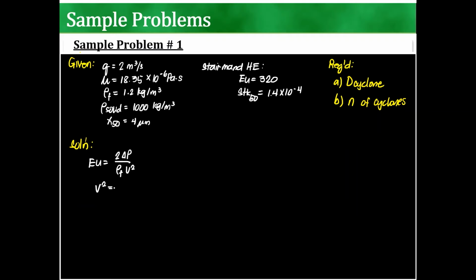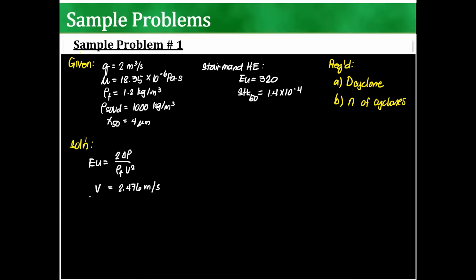Can you solve for V squared, guys? V squared is 2.476, so V is 2.476 meters per second, right? Is it correct?